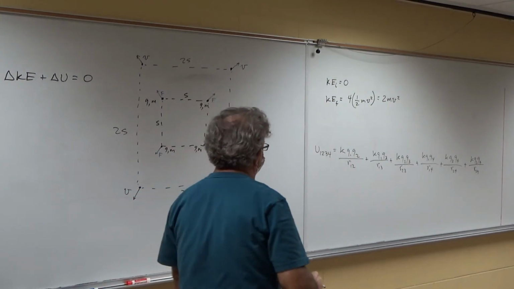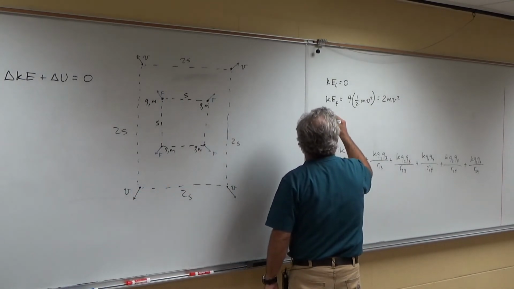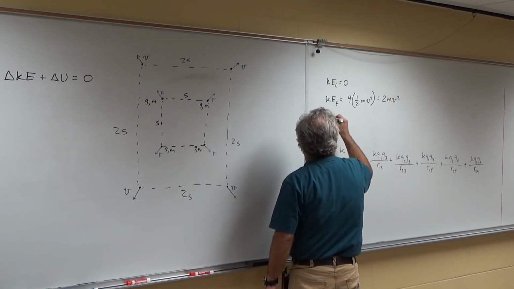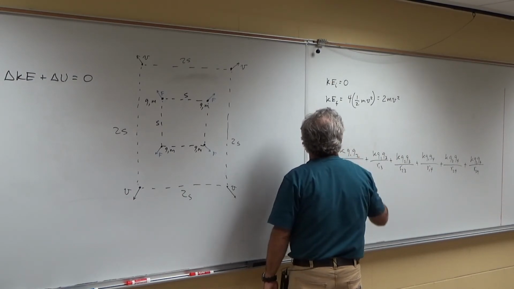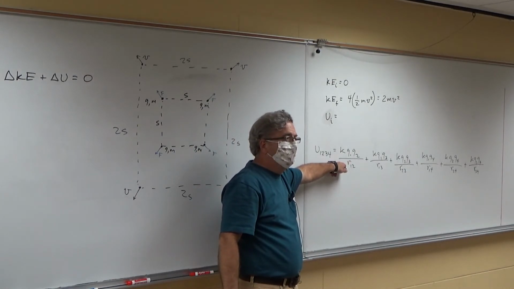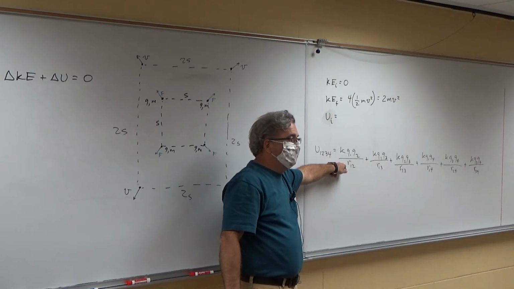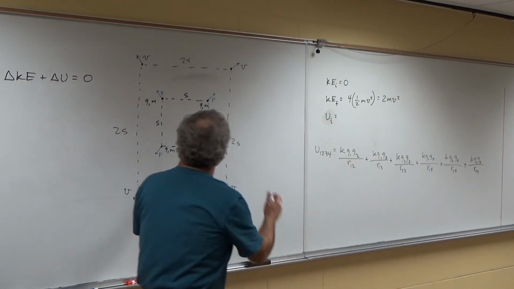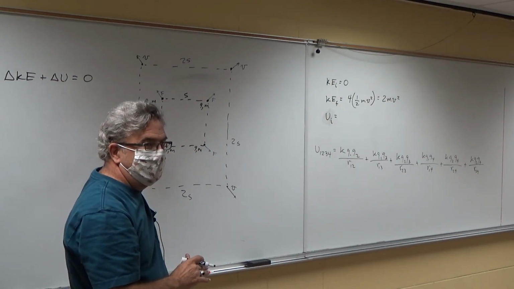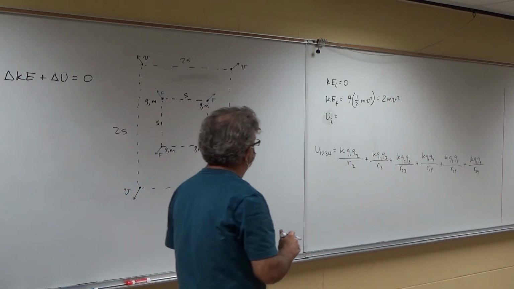Initial potential energy. I keep wanting to write PE. U initial. It's this, right? That's the energy stored in this collection of charge. So I'm going to write it out in terms of these variables.